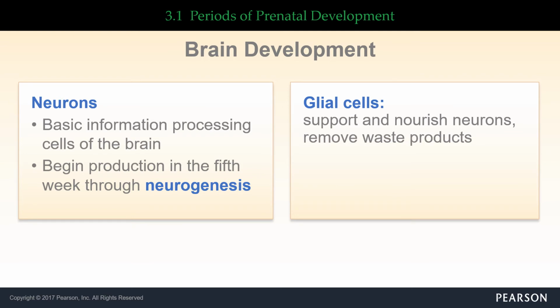They begin production in the 5th week through neurogenesis. Glial cells are specific cells that support and nourish the neurons and remove waste products away from the neurons.